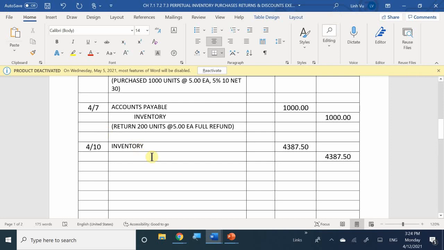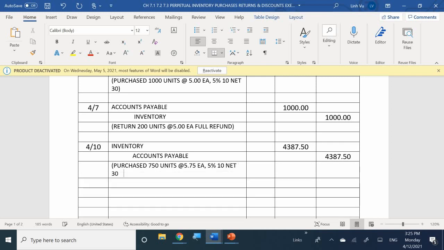And how did we pay? Accounts payable. And we're also going to write here the terms 5%, 10, net 30.